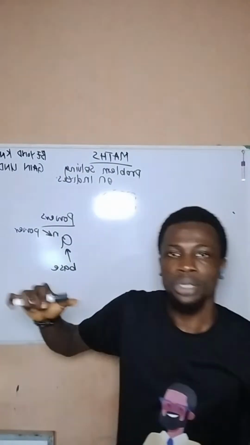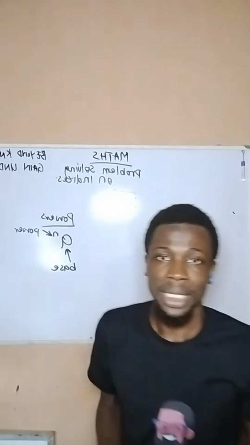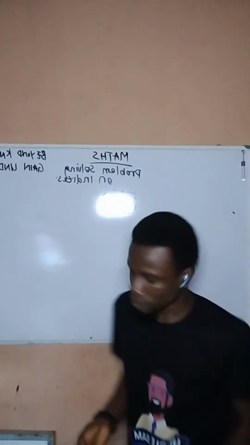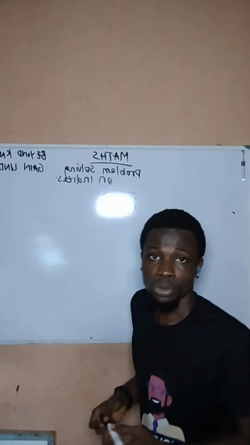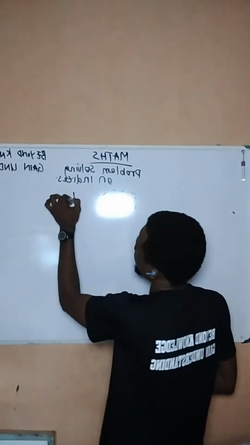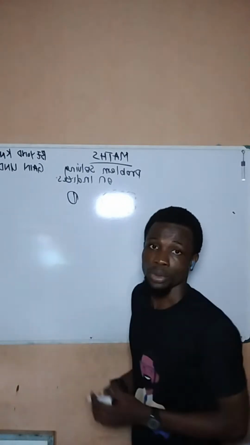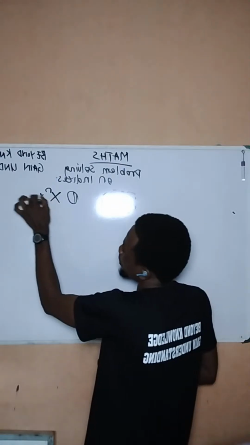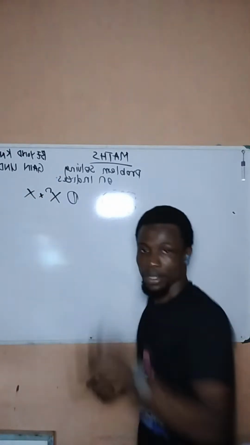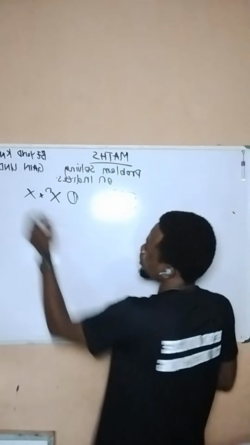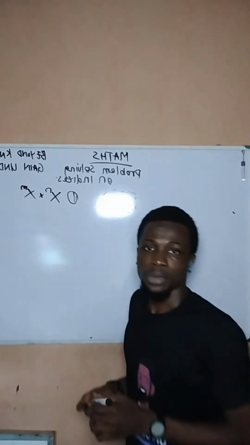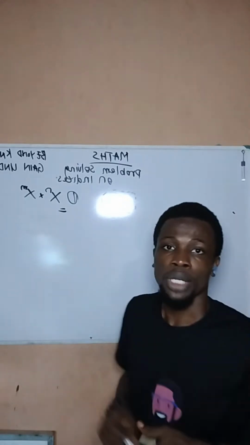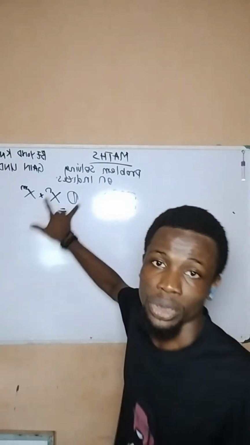And so we went about looking at the several laws that govern indices. I'll just briefly run through all the laws that we talked about. First, we'll look at the multiplication law, where we say that if I have a variable x raised to the power of n, multiplied by the same variable x raised to the power of m, these two are equal to picking one of the variables because they are the same.